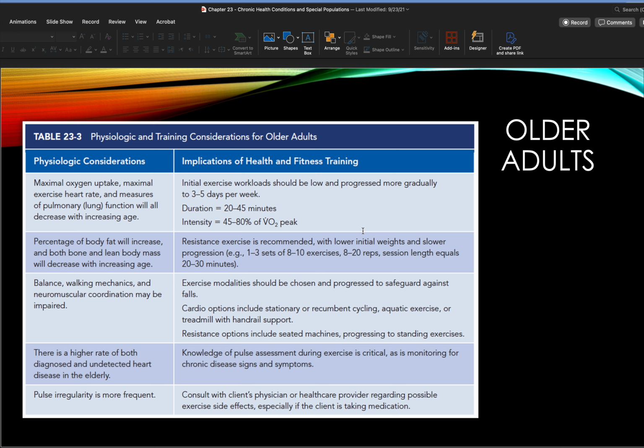Don't go in blind and then have something happen to these individuals because they had a specific doctor's order that maybe they didn't tell you, or didn't mention, or forgot, whatever it might be. So just know your stuff.